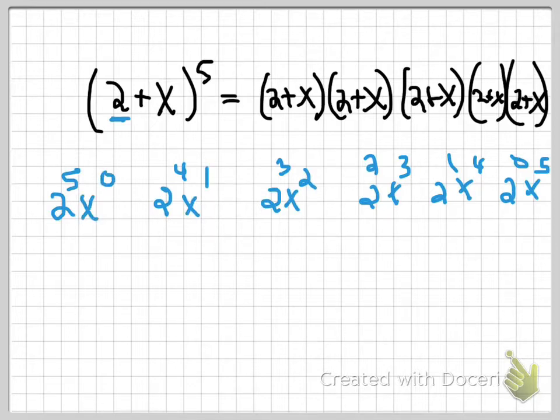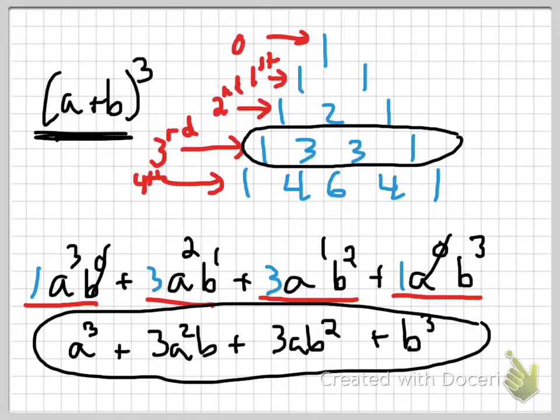And the coefficients come from that triangle. So can we backtrack a couple pages here and go back and look at that triangle when we were working on the rows? Remember, right here we had the 3rd row. Here's the 4th power. We're talking about doing something to the 5th power.